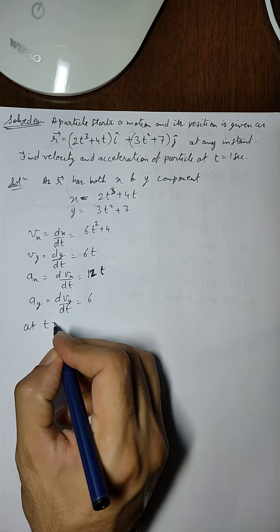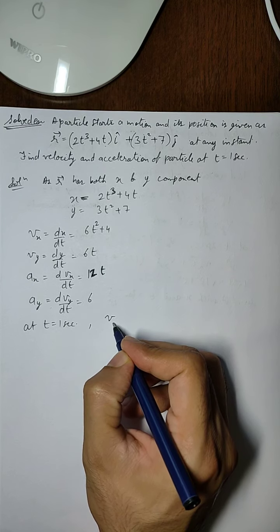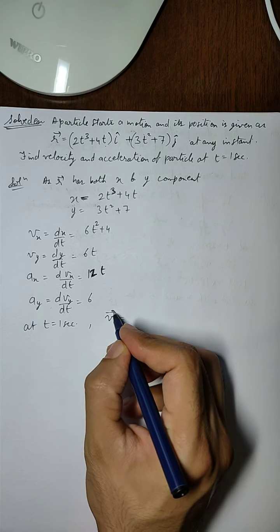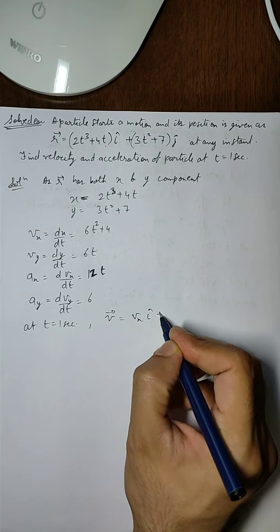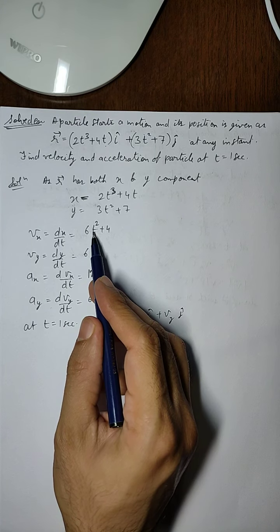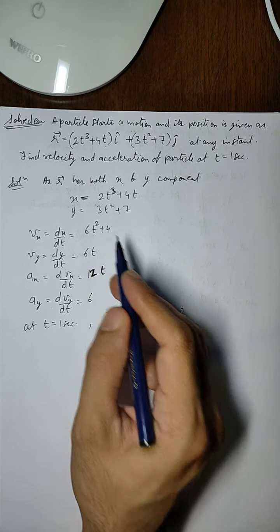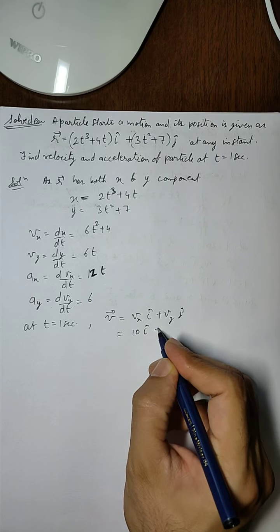So at t equals 1 second, the net velocity will be equal to vx i cap plus vy j cap. So we put t equals 1 here, this will become 10. The x component is 10, so we can write 10 i cap.